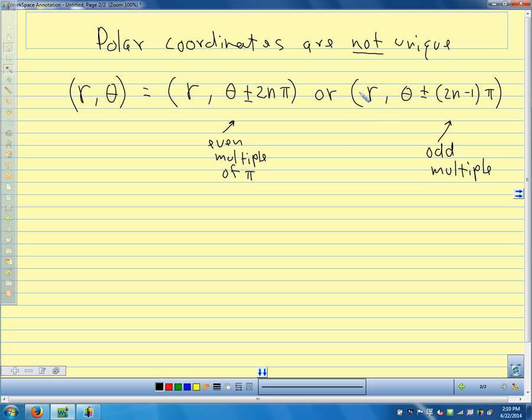Oh, and this should be a negative r. We'll plot a couple points, and I'll show how we can plot a point with a negative radius. So we can rotate around the circle by 360 degrees, by 2 pi radians, or we can go 180 degrees, pi radians, and use a negative radius and go in the opposite direction.